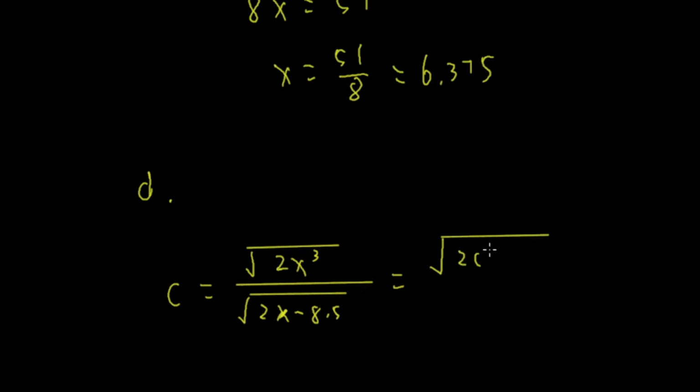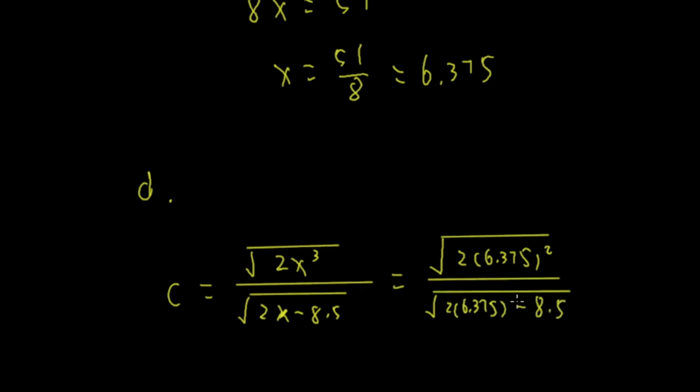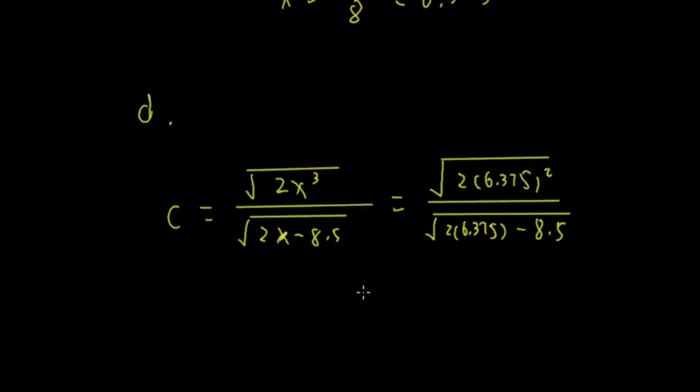So 2 times 6.375 squared, right? Over here, 2 times 6.375 minus 8.5. And that will give you approximately equal to 11.041a. And that is the minimum value of C. Okay, so I solved all 4 parts of the question.